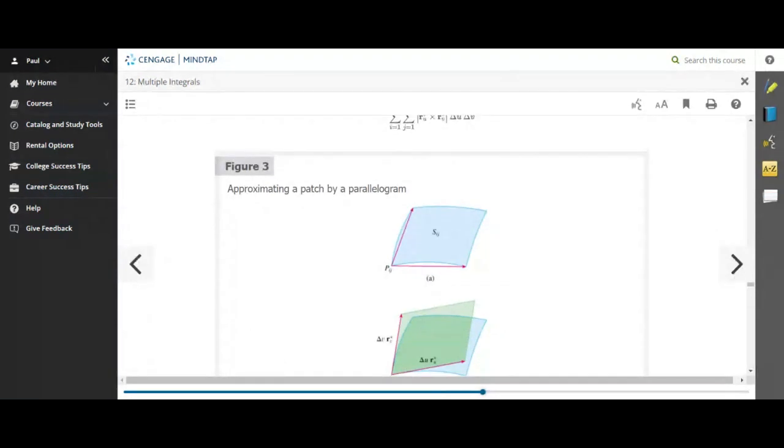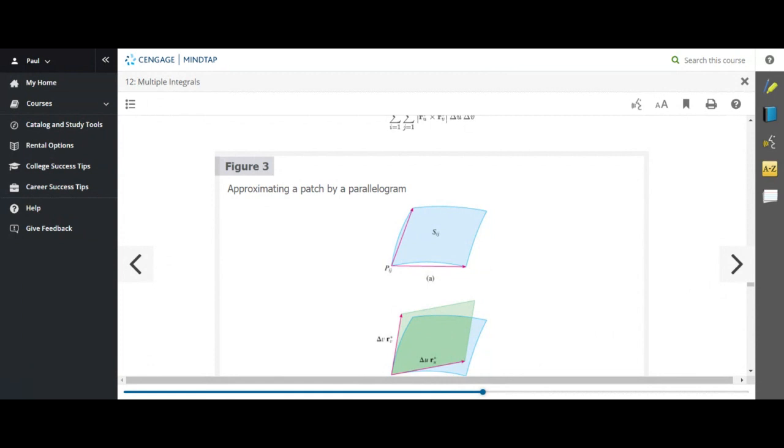can be approximated. You can approximate the surface area of the patch with the parallelogram that's composed of those two tangent vectors, r sub u and r sub v, at the patch, coming out from the point at the corner of the patch.